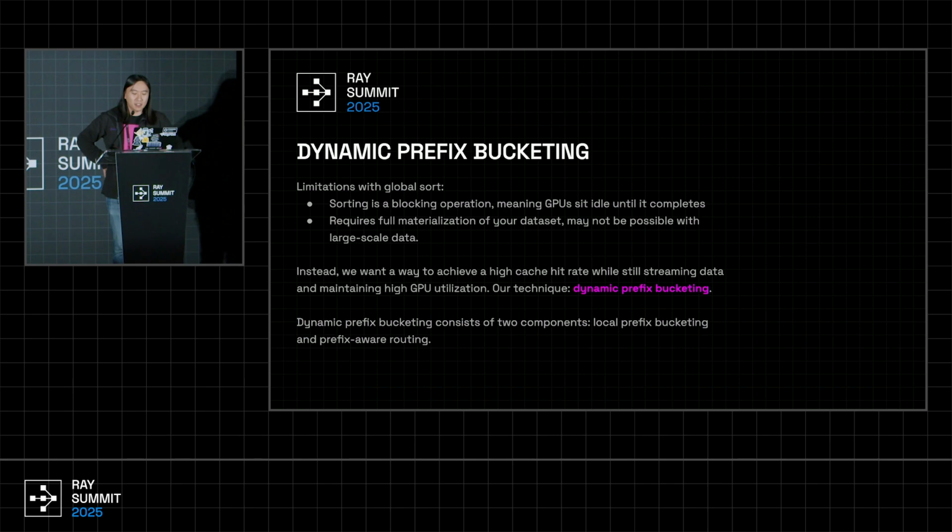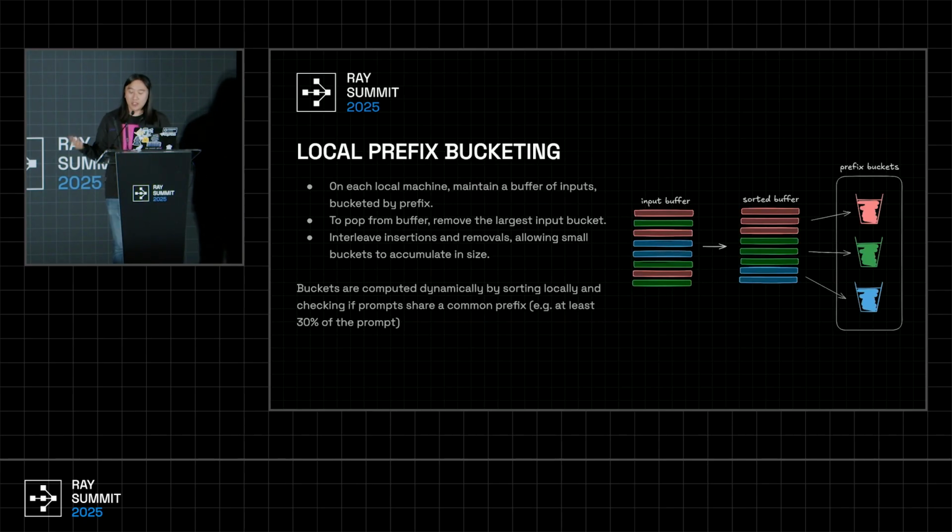Dynamic prefix bucketing consists of two components that I'll explain. One is local prefix bucketing, and the second one is prefix-aware routing. So let's talk about local prefix bucketing. What we're doing in this case is on each individual machine, so zooming into a single machine, we maintain a buffer of inputs that are bucketed by prefix.